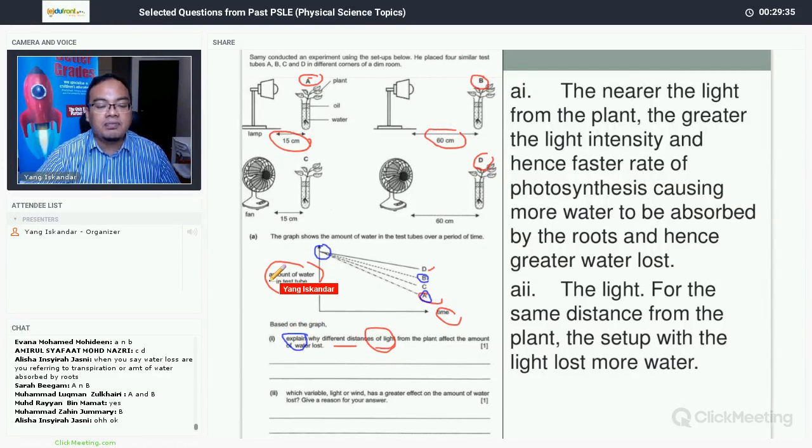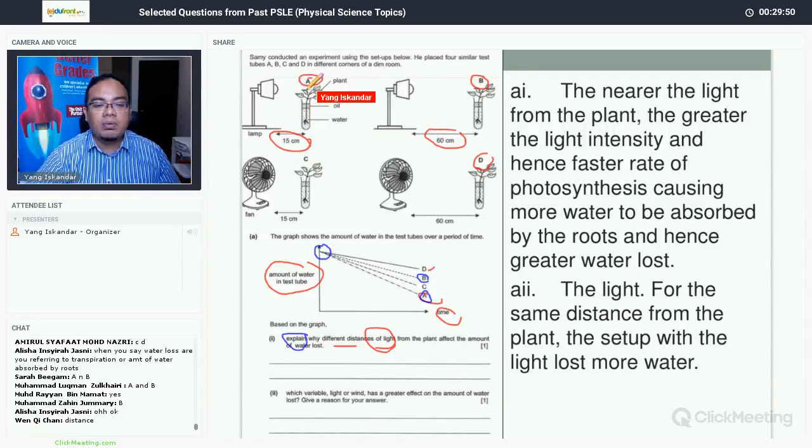What is the reason? First of all, you need to recall: what is the changed variable here? Number two, what causes the plant to lose water? What causes the amount of water in the test tube to decrease?